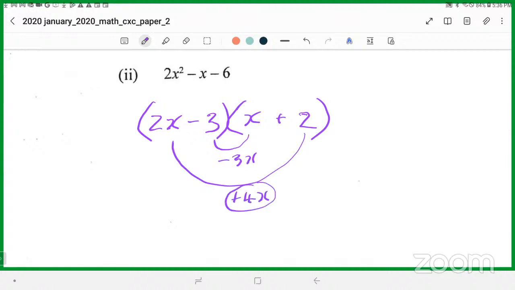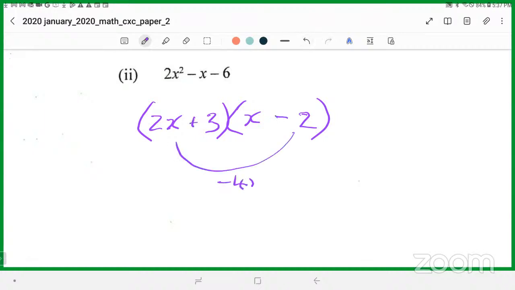But positive 4x and minus 3x will give me a positive x, but my middle term is a negative x, so I can't leave it that way. So this is it. They are supposed to be this way: the positive here, the minus here, and the plus there. Far product is minus 4x, near product is 3x, and they add to give me the middle coefficient.